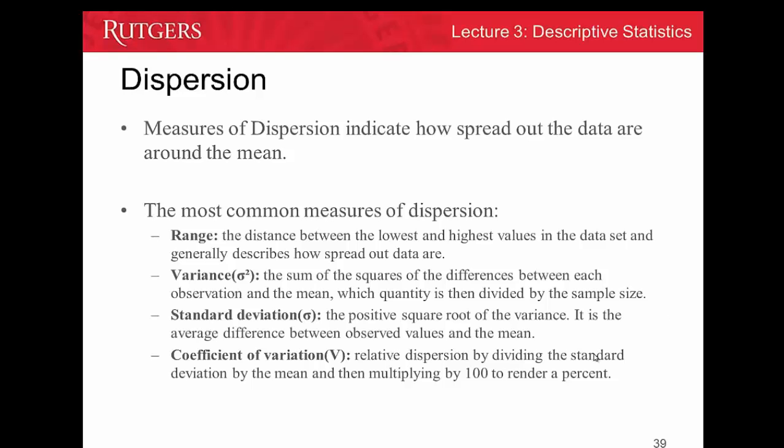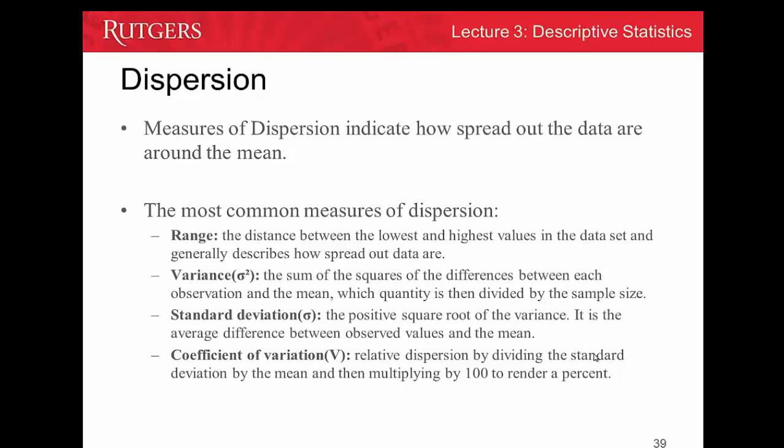The third measurement for dispersion is standard deviation, which is the positive square root of the variance. It is the average difference between observed values and the mean. The standard deviation is used when expressing dispersion in the same units as the original measurements. It is used more commonly than the variance in expressing the degree to which data are spread out.